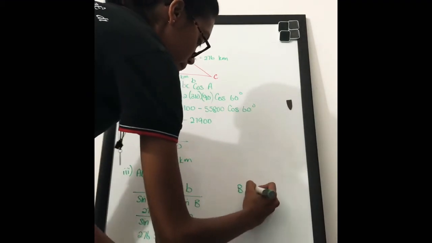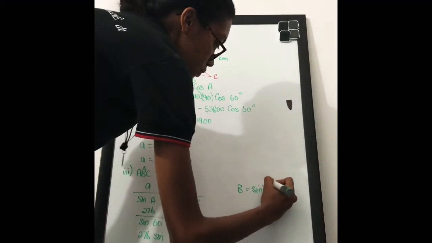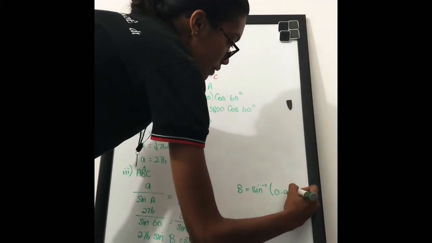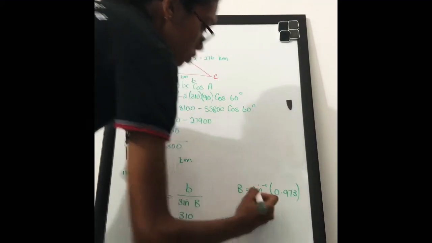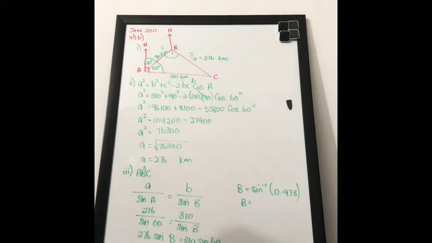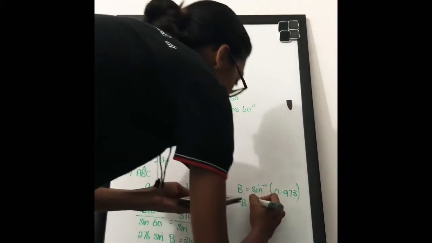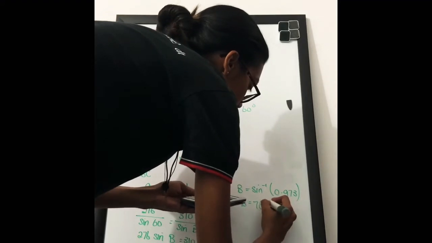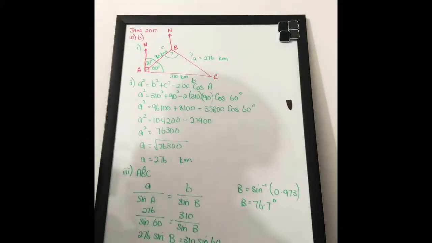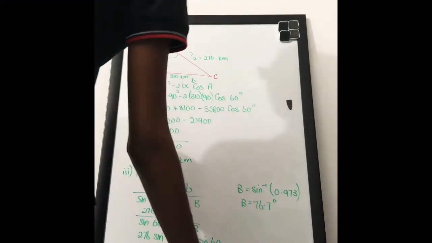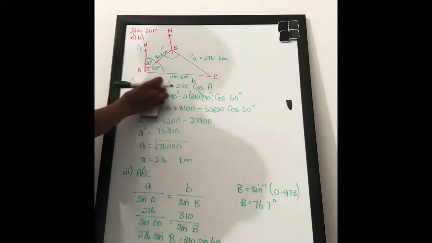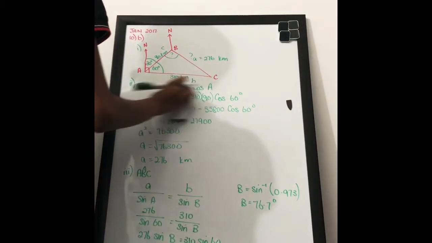So B would then be the sine inverse of 0.973, which is 76.7, right, to 1 decimal place. Now let us use the cosine rule.